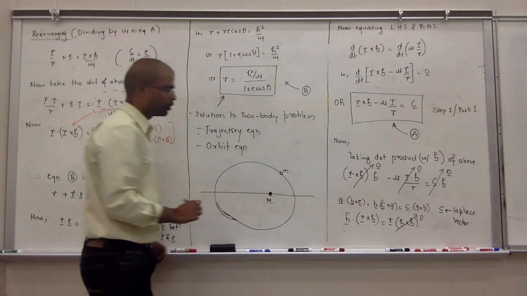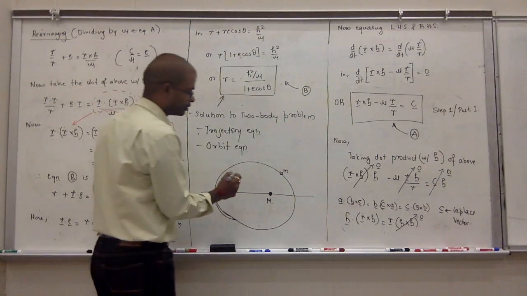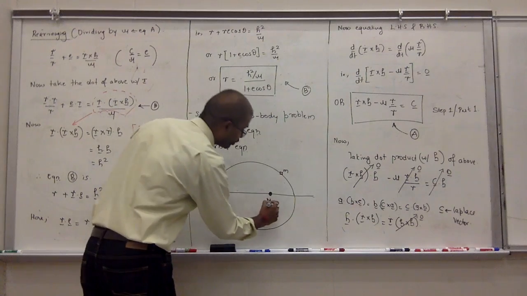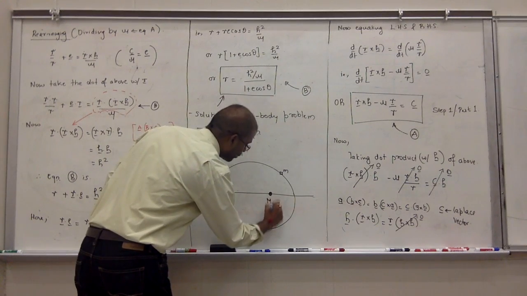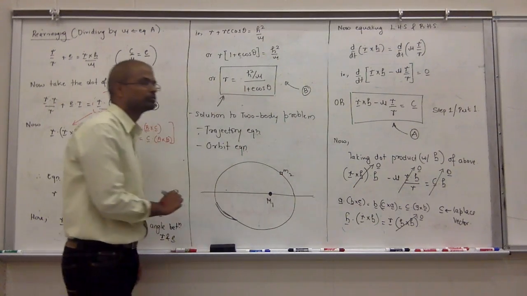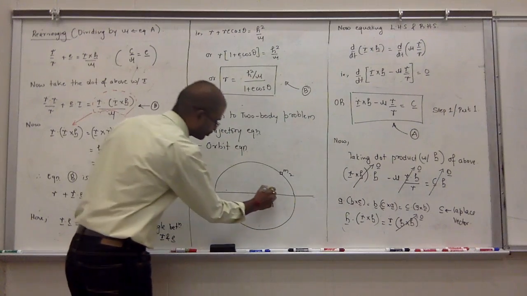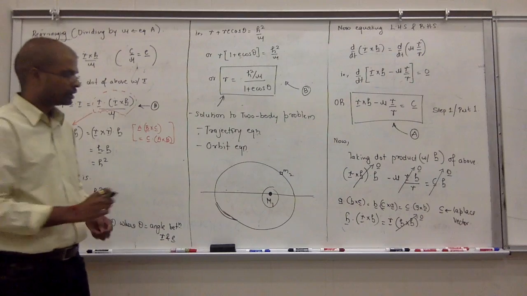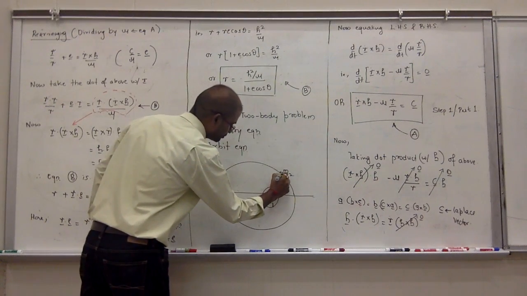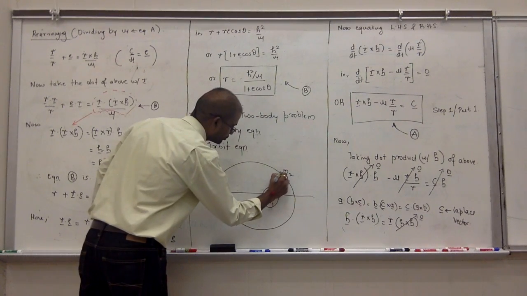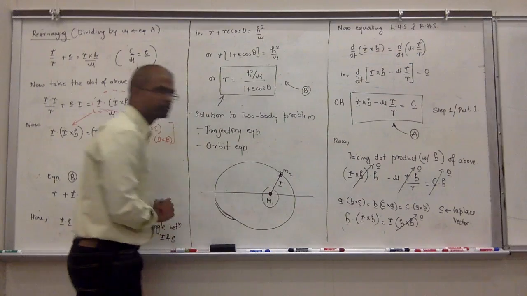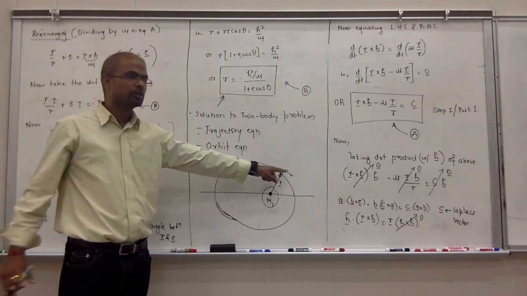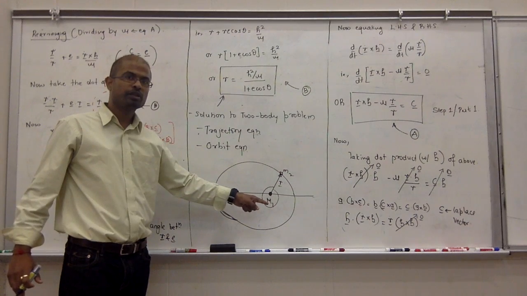No, this is the central body, that's M1, and this is M2. Got it? This is that R, the distance between the position vector of the orbiting body with respect to the central body.